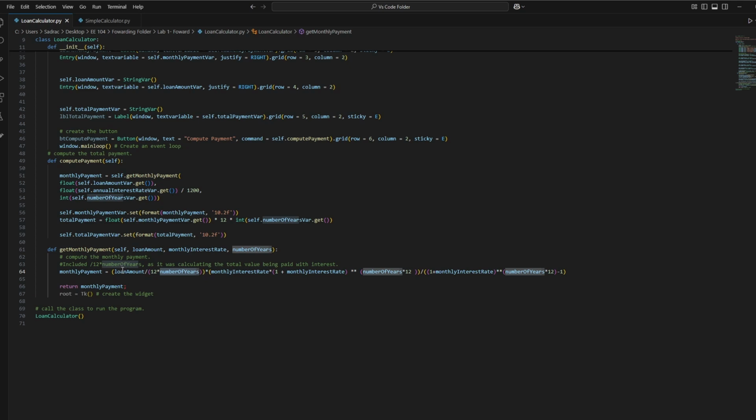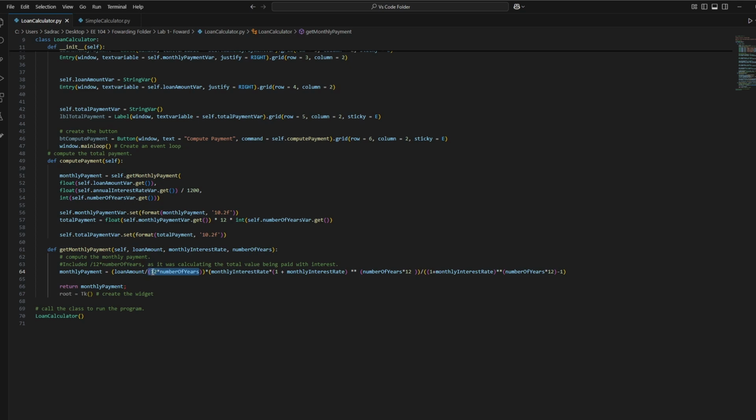And then another thing to account for in our expression was that I was getting a value that was way too big without this 12 times the number of years. Because it seems like it was initially getting the total amount with the cumulative interest, which is very odd. Not sure why that was happening.